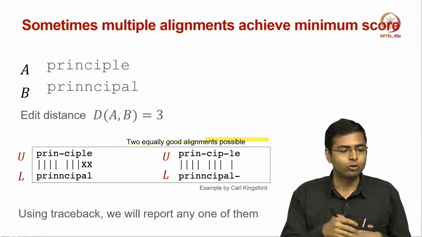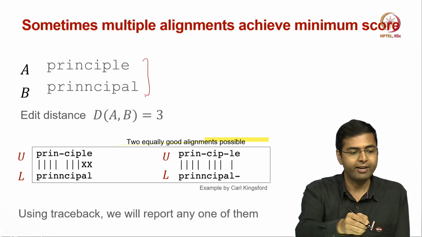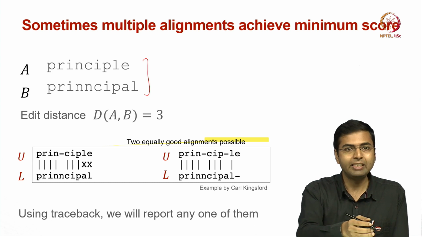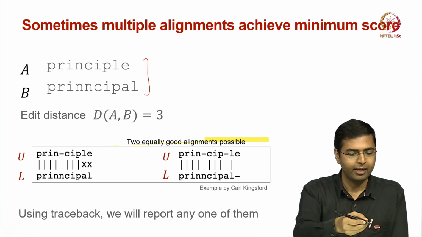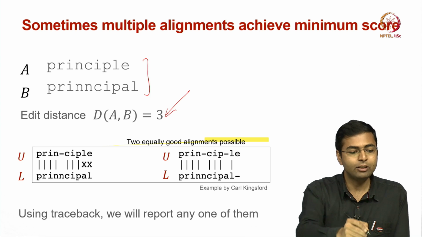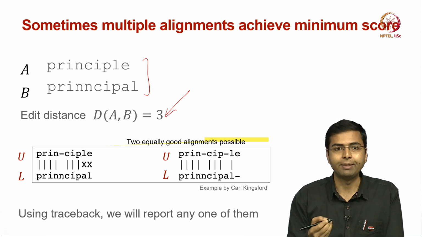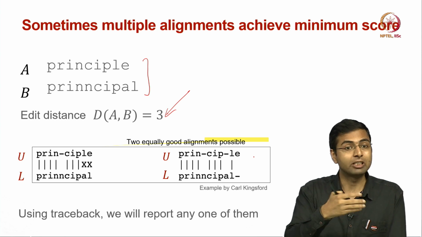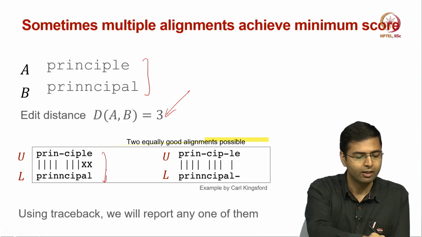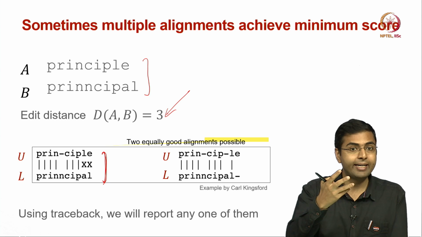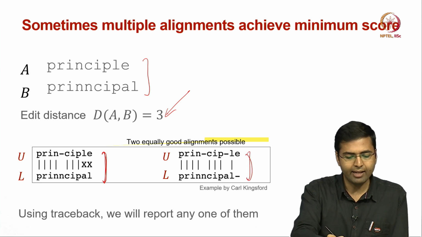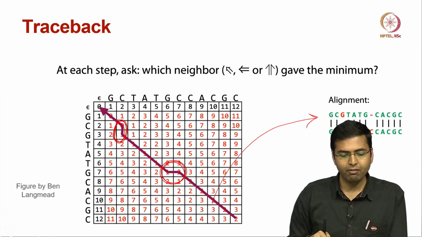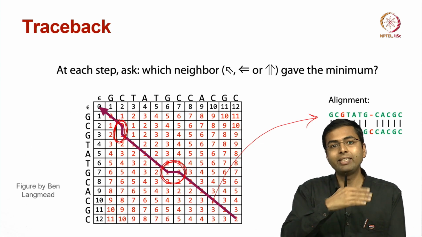In general, for example, if you take this example where sequence A is principal and sequence B is principal defined differently, then observe that the edit distance between these 2 sequences is 3, but there are multiple ways in which alignments are possible. For example, this is also an equally valid alignment which has 3 edits, and this is also an equally valid alignment which has 3 edits. So, in our traceback we will be reporting one of them depending on the choices we make.